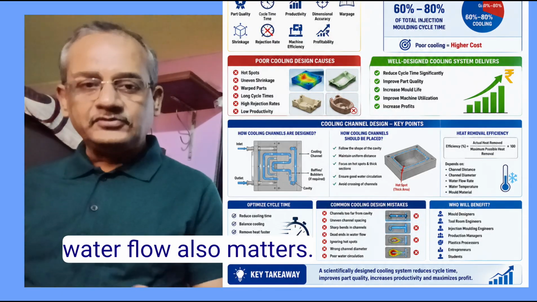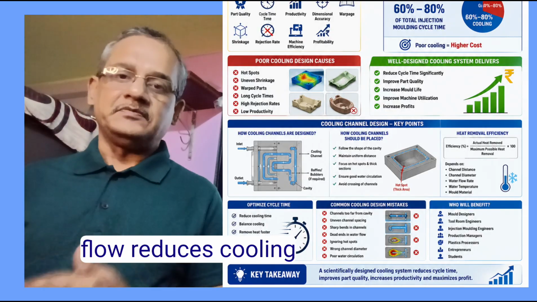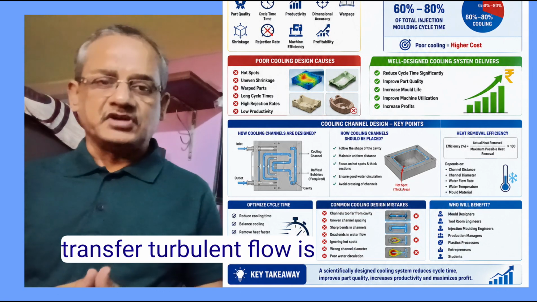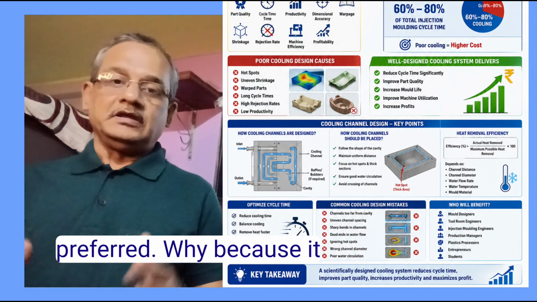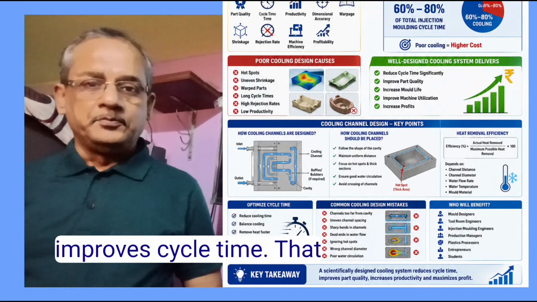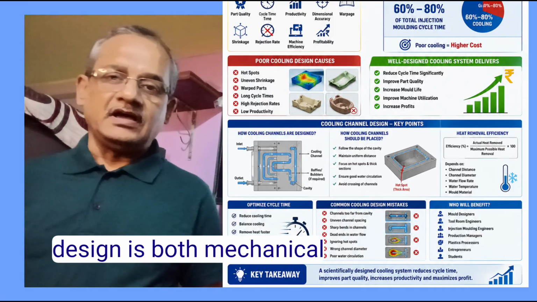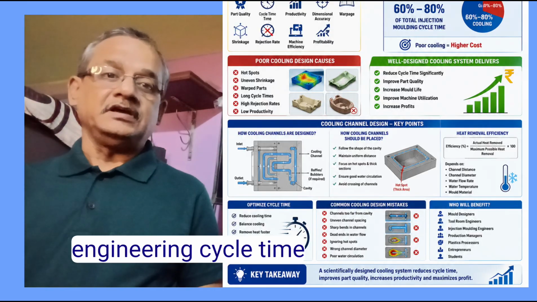Water flow also matters. Slow water flow reduces cooling efficiency. Fast turbulent flow improves heat transfer. Turbulent flow is preferred. Why? Because it improves heat exchange significantly. This improves cycle time. That is why cooling system design is both mechanical design plus thermal engineering.